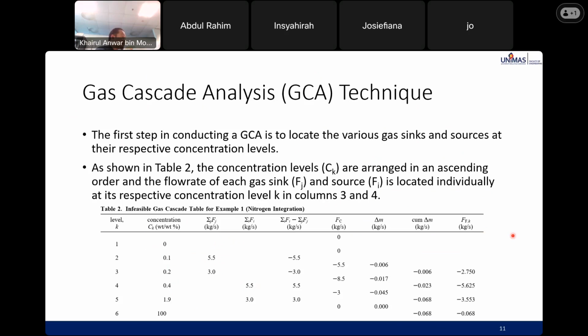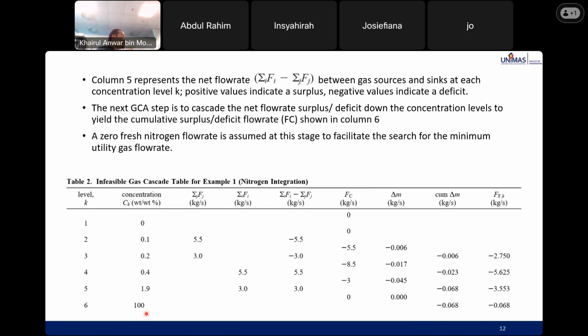Column 5 represents the net flow rate, Fi source minus Fj sink, at each concentration level K. A positive value indicates a surplus, and a negative value indicates a deficit. So for example, Fi minus Fj: 0 minus 5.5 gives negative 5.5.